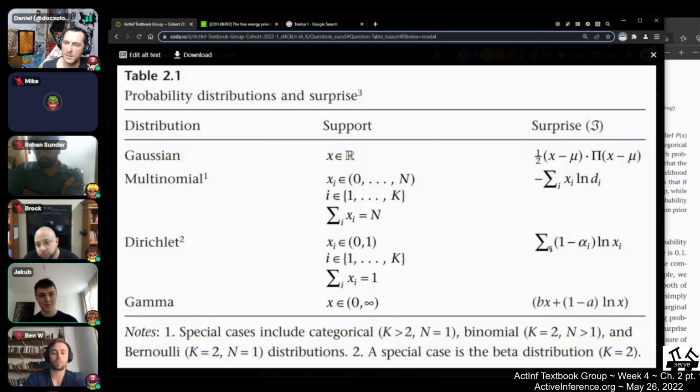Why in the Dirichlet distribution are we summing over all the i's, but in the Gaussian we are considering just one point on the probability distribution? Or maybe Dirichlet is multi-dimensional, and that's the reason. I think the unidimensional case would be just without this sigma i. It would just be this.